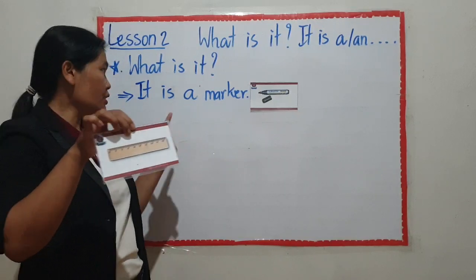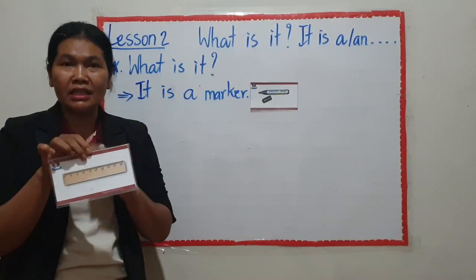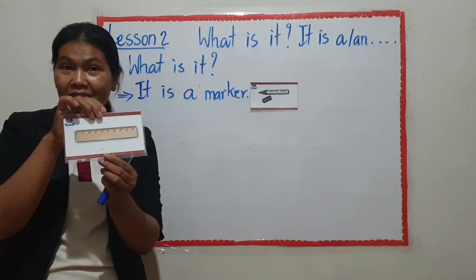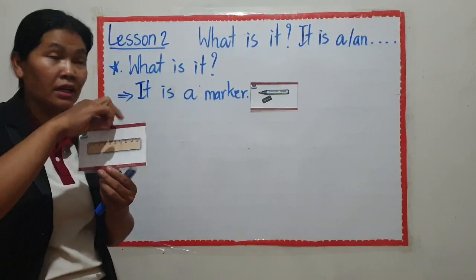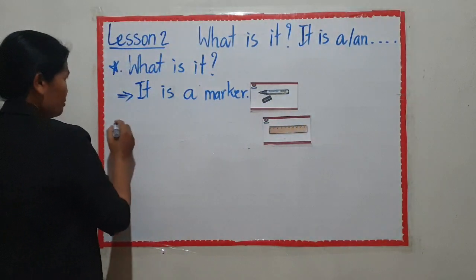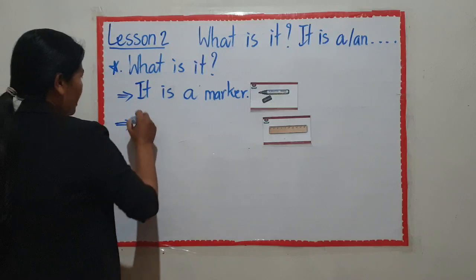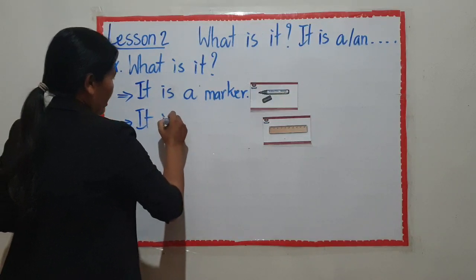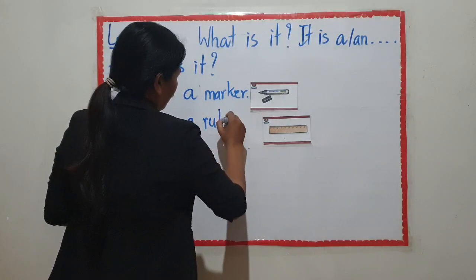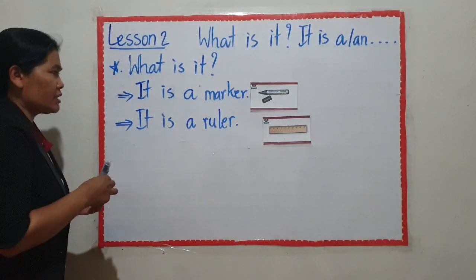So that's why teacher would like to ask you again. So what is it? You know it? Yeah, it's a ruler. Okay, very good. Everyone understands so well. Maybe everyone studies hard, right? This one, it is a ruler. Very good.